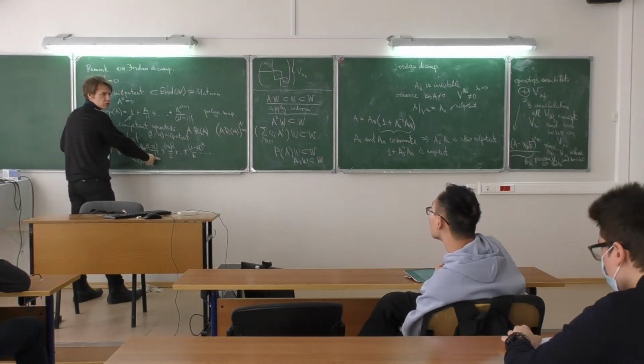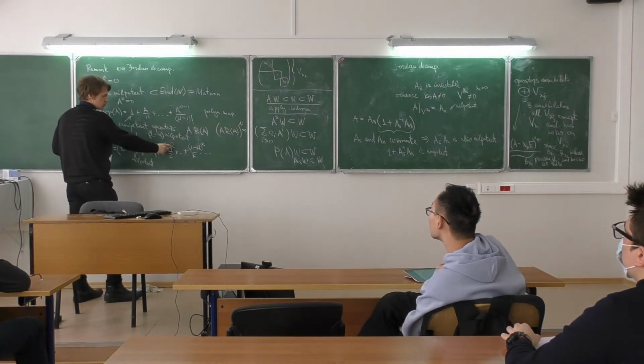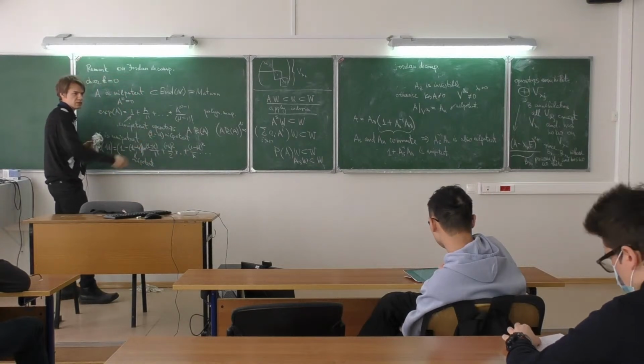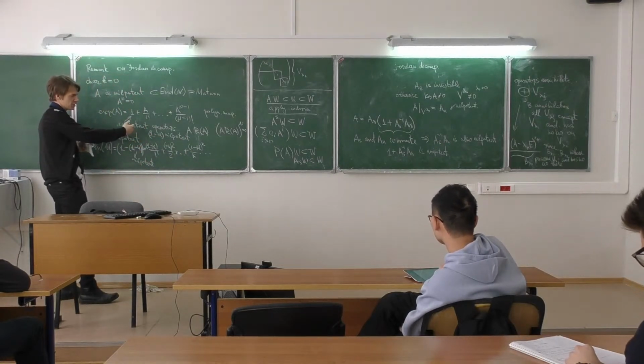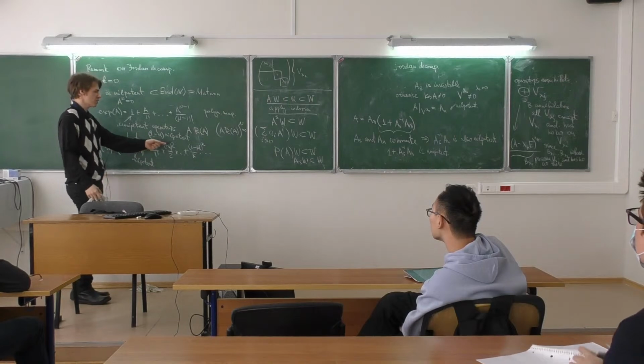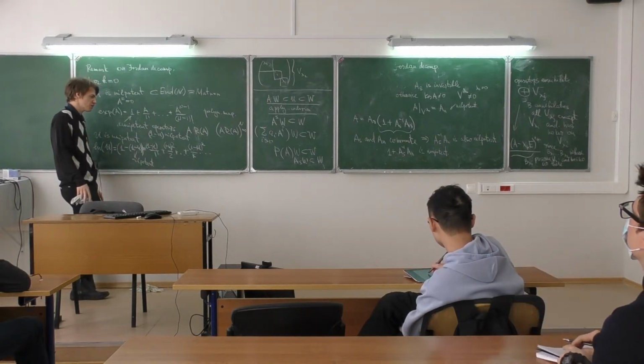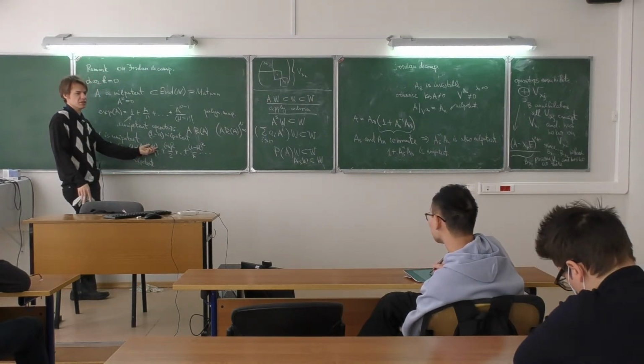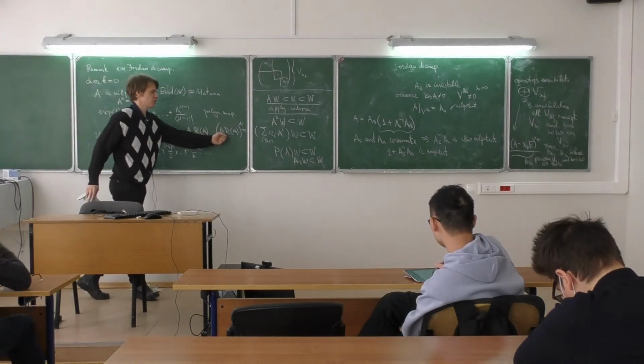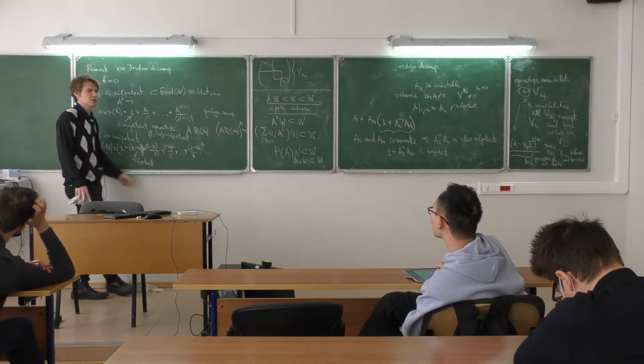And these are nilpotent operators because 1 minus u is nilpotent. The sum of commuting nilpotent operators is of course nilpotent, but here it is even more simple.